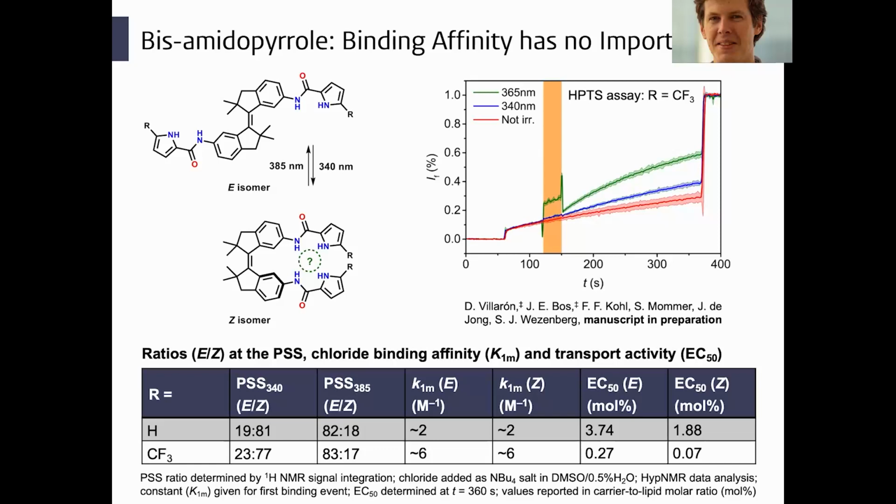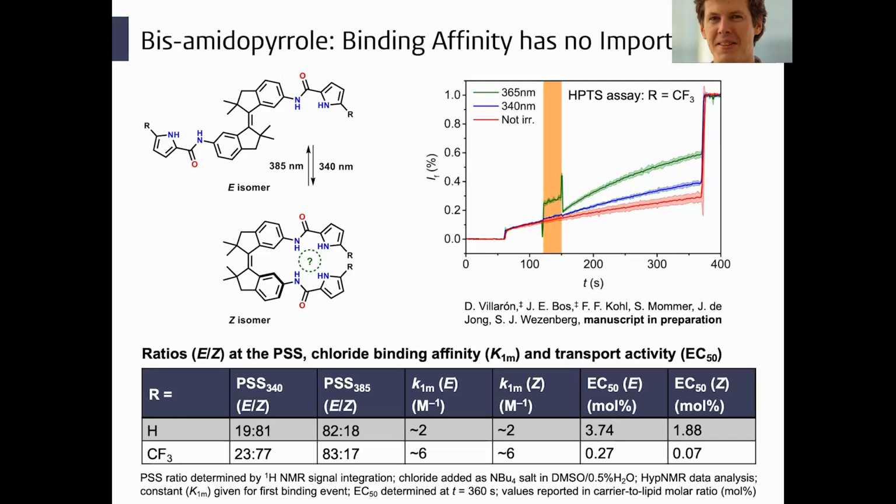And we found in this case that actually in both cases, for both isomers, we do get 2-to-1 binding without any significant difference in binding affinity. Nevertheless, still, by testing them in transport, there's still significant difference in transport activity. So again, you can still use them to activate membrane transport using light.